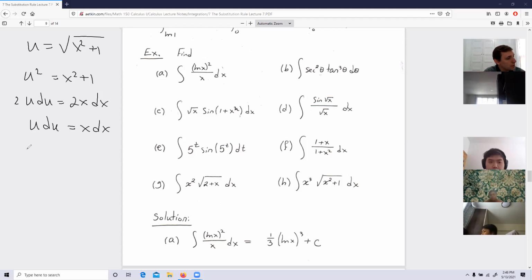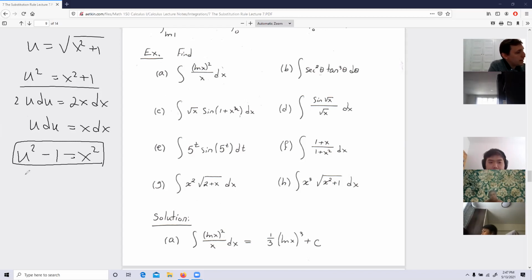And so what do we get? Yes, it was x cubed, that's right. So what do we have here? We have that u squared minus 1 is x squared, right, from this line. And we have that u du is x dx.